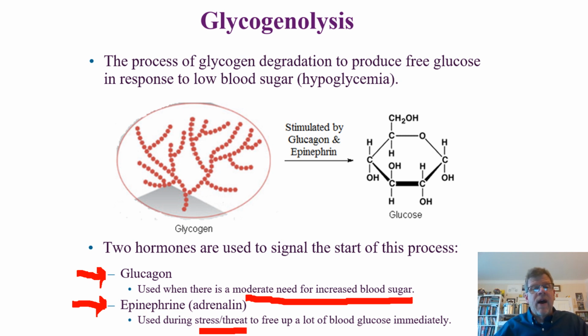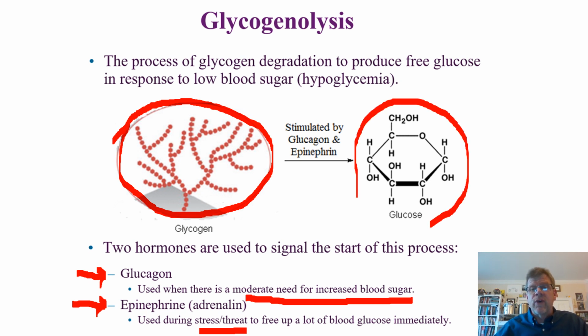It supercharges the glycogenolysis process, breaking down glycogen very quickly to free up a whole lot of glucose in this fight or flight mentality. Either way, our body is telling us we're going to need a lot of energy very quickly. So it's basically a supercharged glucagon, is adrenaline.